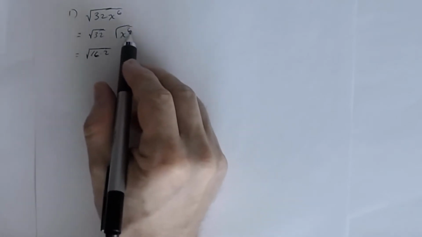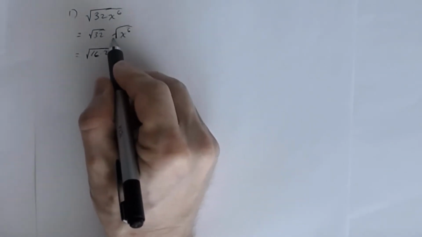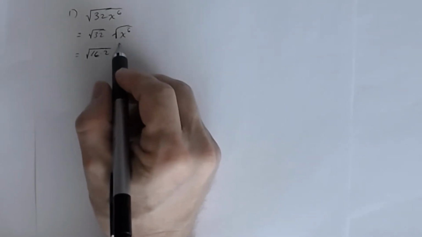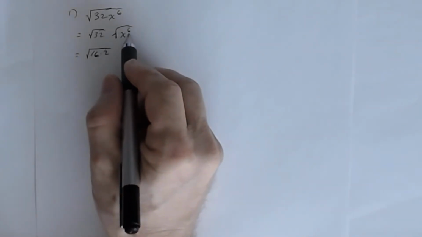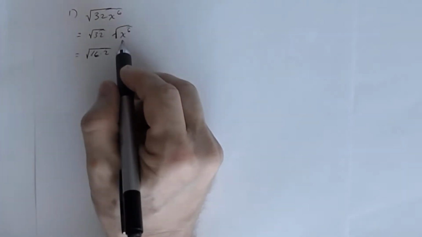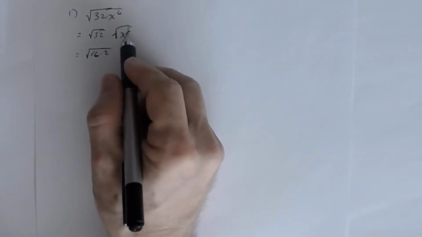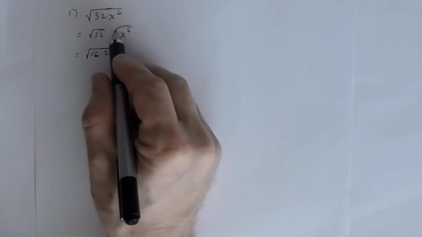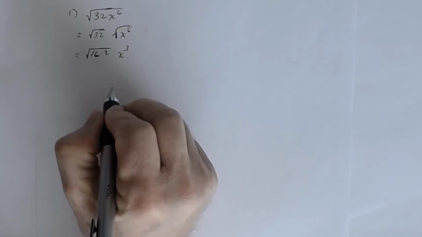And then I have the square root of x to the 6. You ask yourself, what times itself twice is x to the 6? You learned that in a previous lesson. Since 6 is divisible by 2, we know the answer is just x cubed. 6 divided by 2 is 3, because x cubed times x cubed is x to the 6.